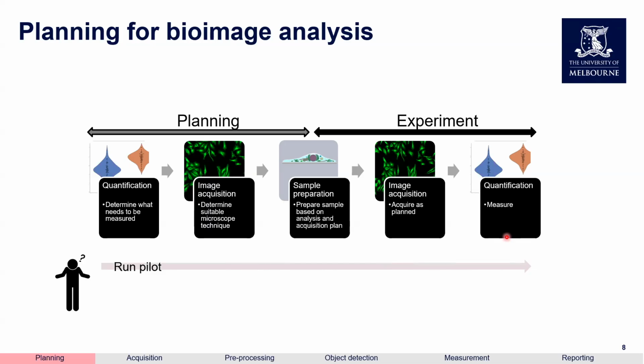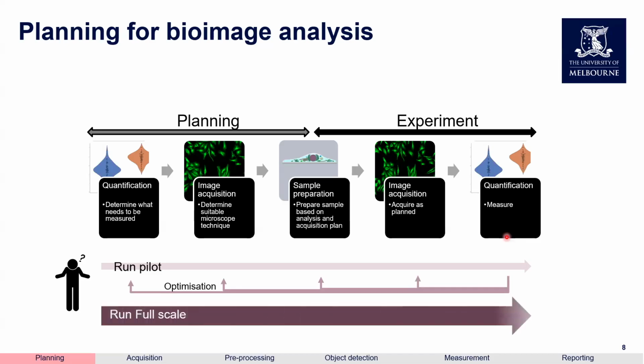So the idea is we always need to carry out a pilot study before undertaking a full-scale experiment. From the pilot experiments, we will be able to optimize settings, readjust our plans iteratively, and also determine the final sample size. And once optimized, you can then run full-scale experiments.